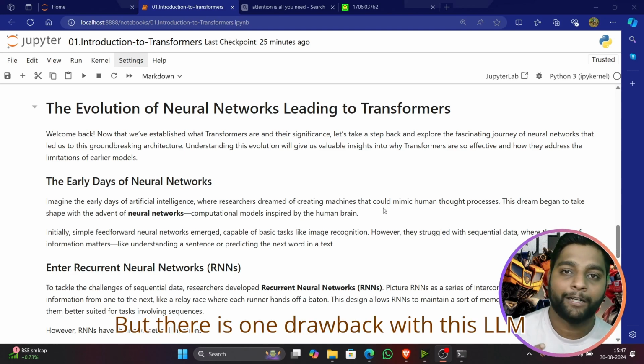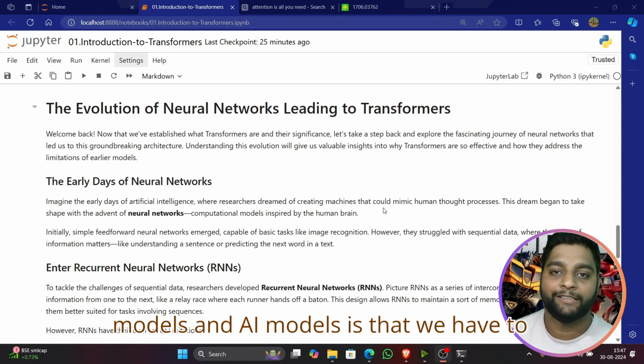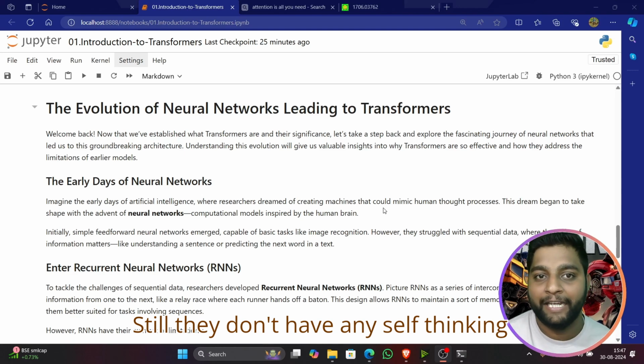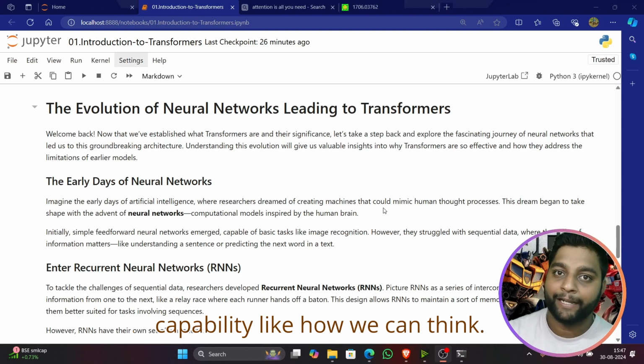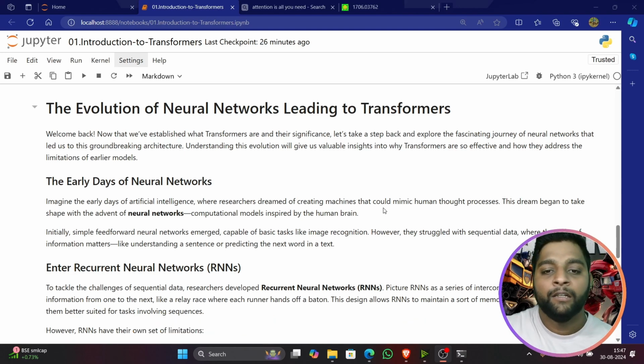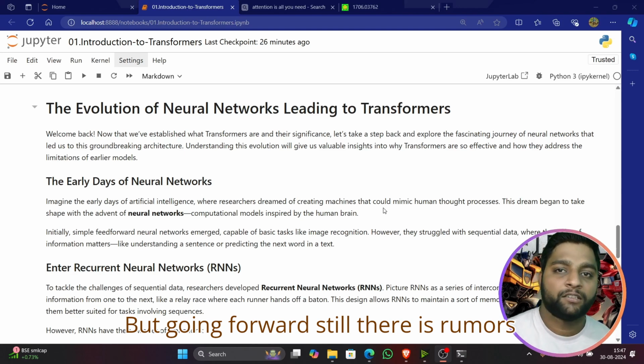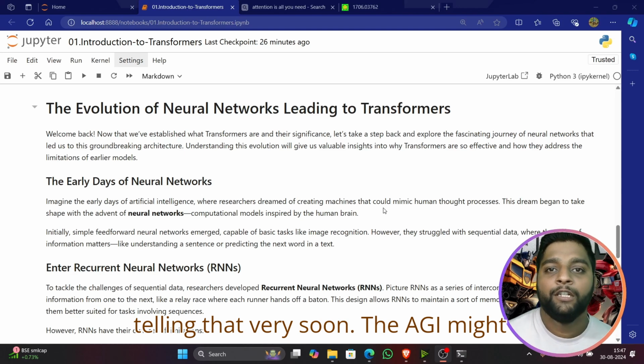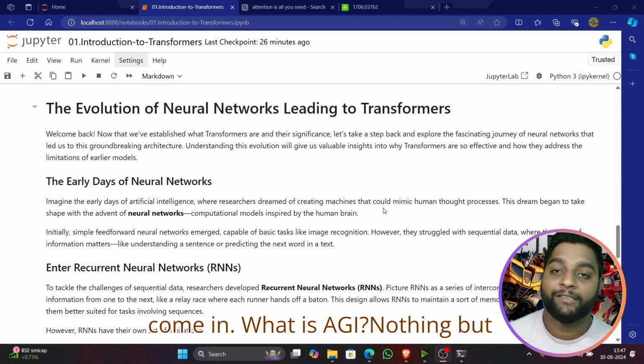But there is one drawback with these LLM models and AI models: we have to feed the data and we have to train them. Still, they don't have any self-thinking capability like how we can think. But going forward, there are still rumors related to AGI. People are saying that very soon AGI might come in. What is AGI?